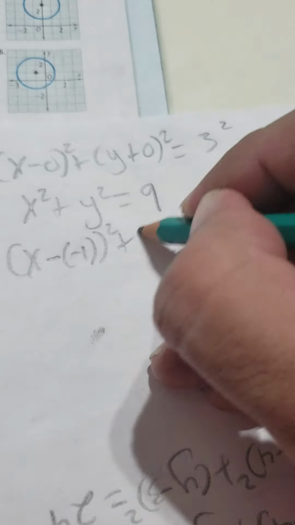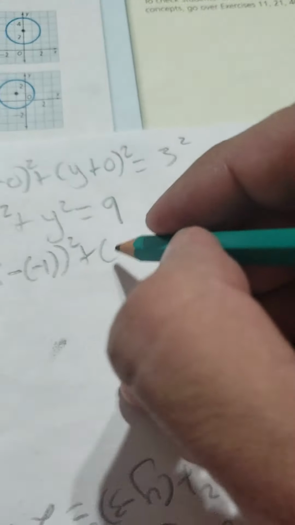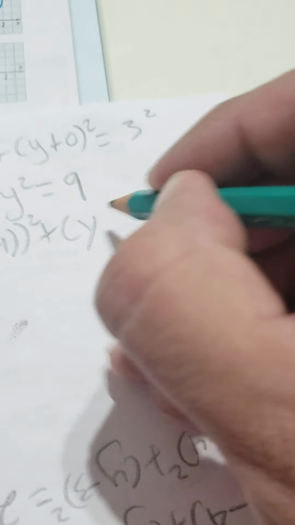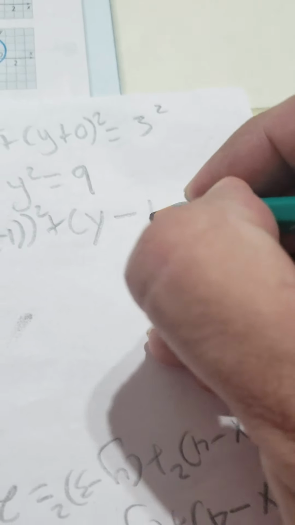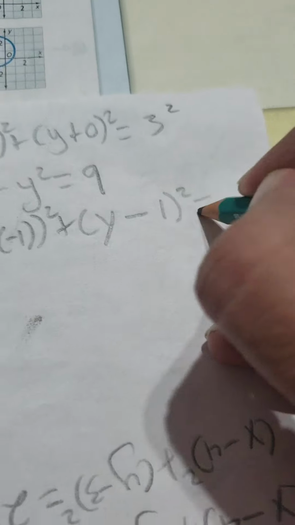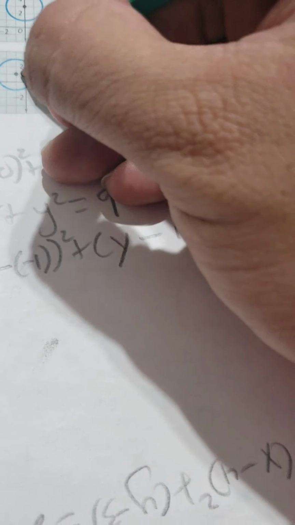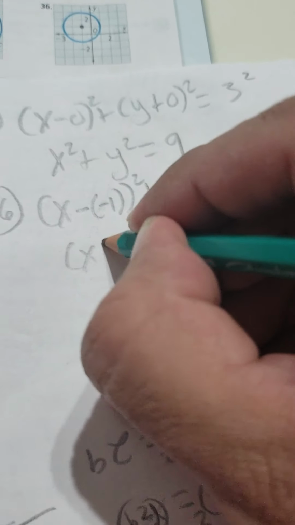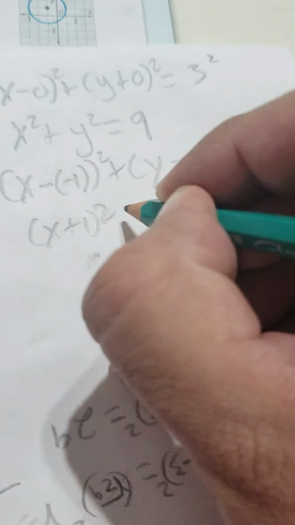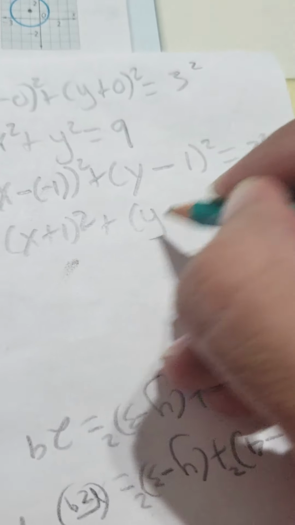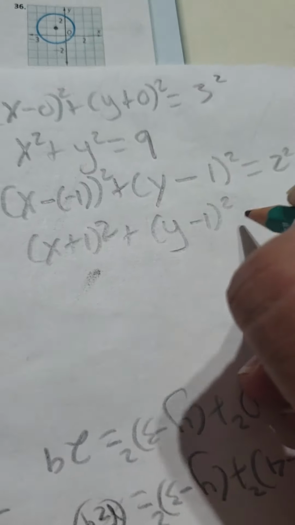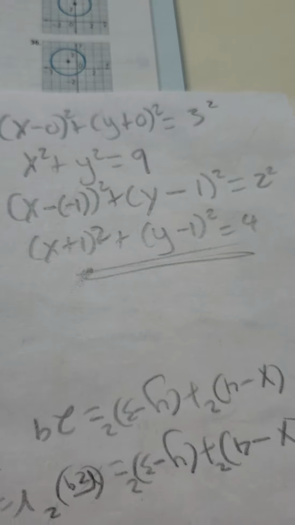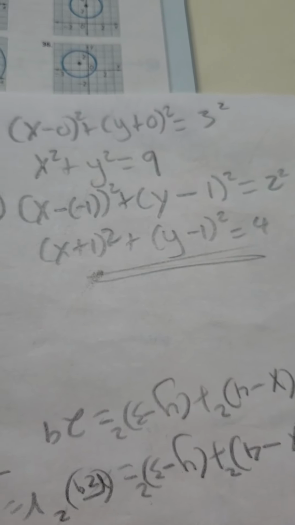And in y it will be 1 also, positive: (y − 1)². Equal to, let's count the radius, 1 and 2, 2 to the second power. (x + 1)² + (y − 1)² = 4. That is the equation of the circle.